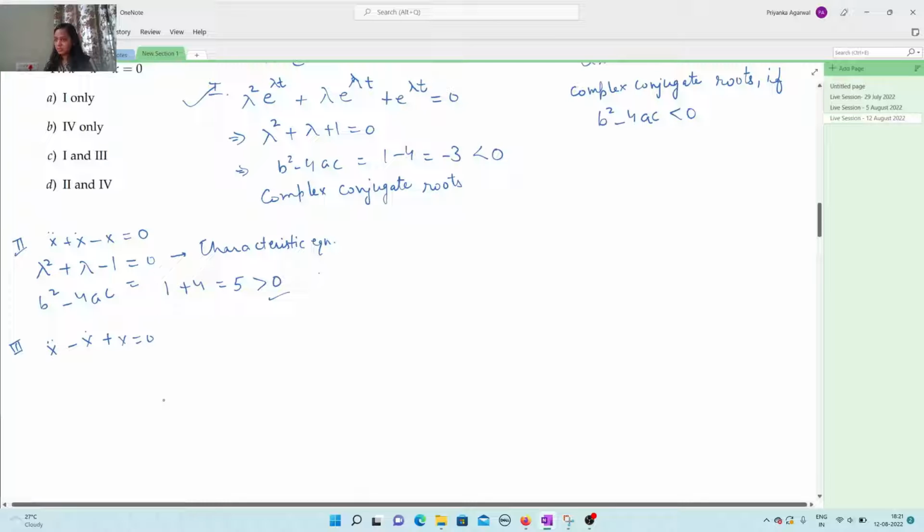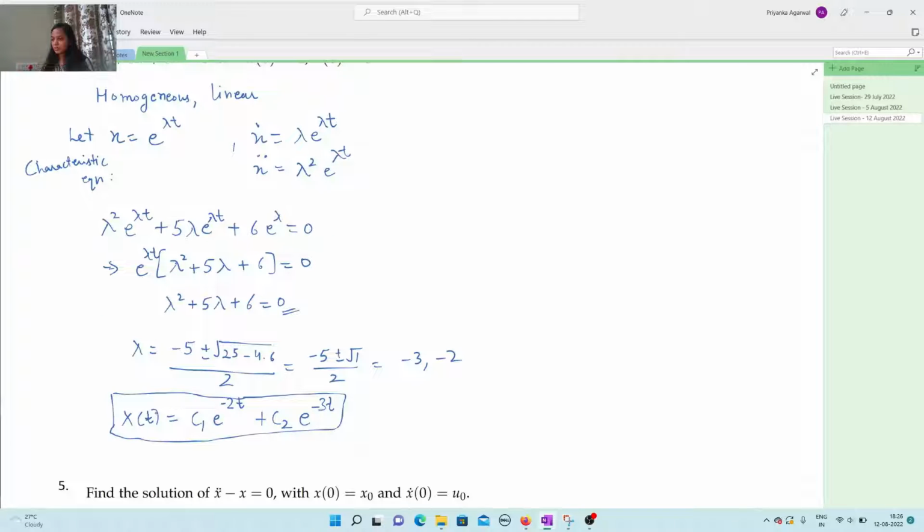So this is the general solution which we have. Now we can use our initial conditions to find the values of the constants c1 and c2.